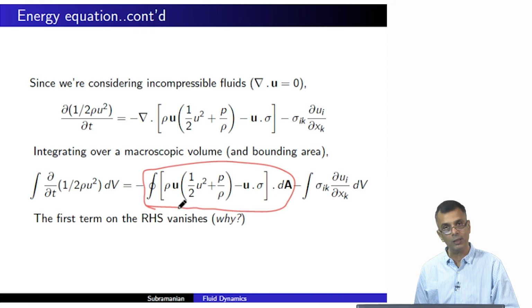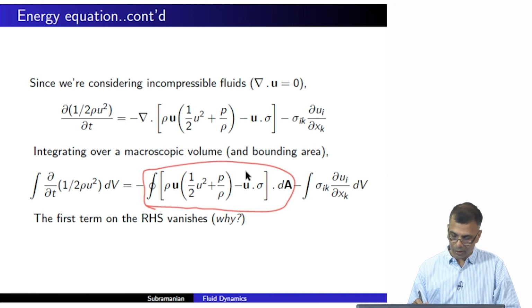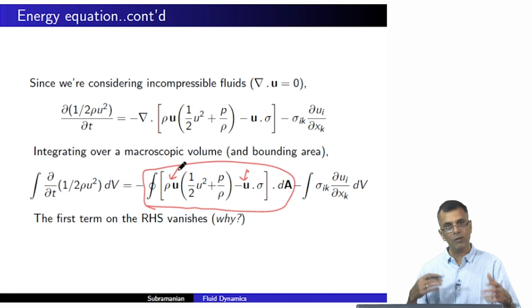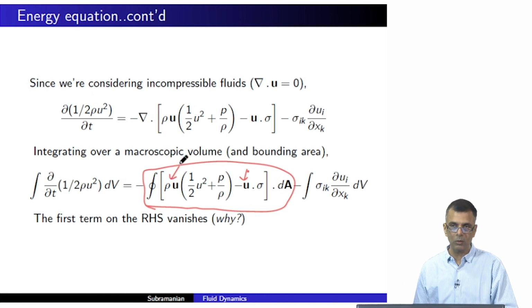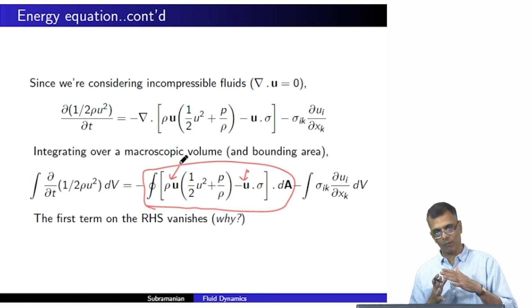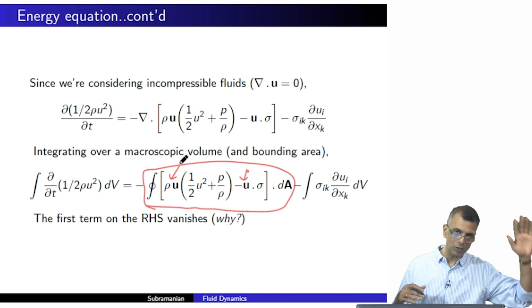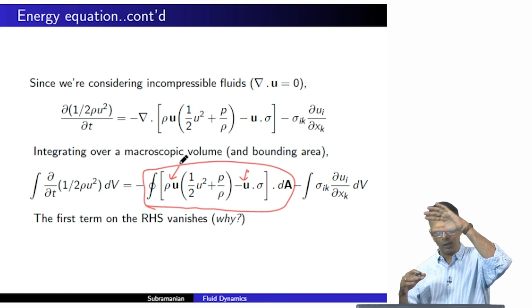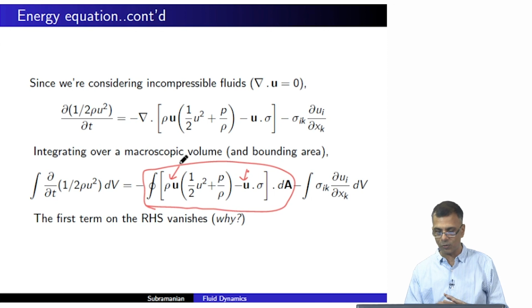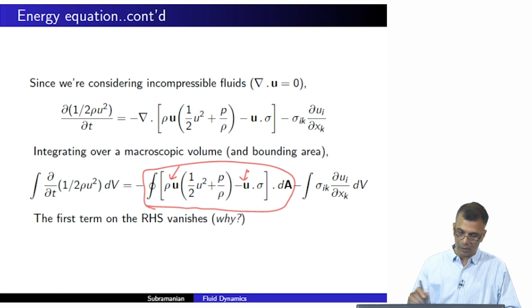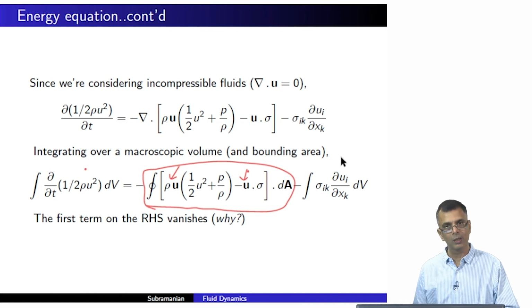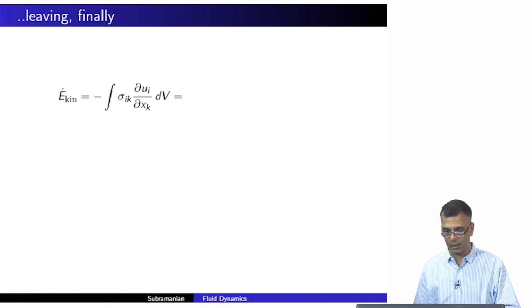Why is that? Notice that we have a u here, and for any well-behaved flow, you assume that the velocity vanishes at infinity. So you're integrating only over the surface at infinity, and the u essentially vanishes, which allows me to throw this entire thing away, so I'm only left with this term and this term. That's pretty nifty, and it simplifies my life greatly.